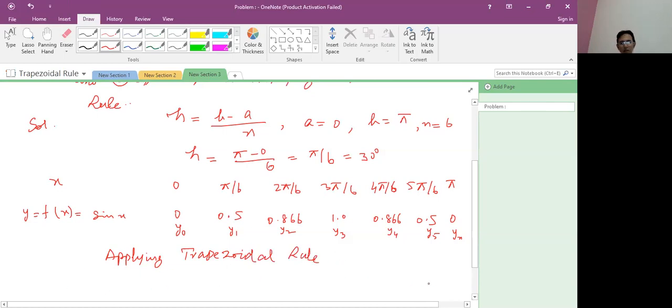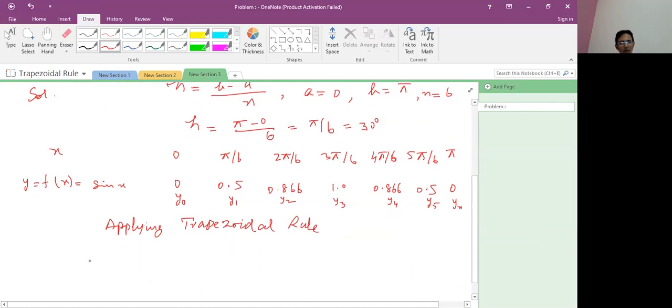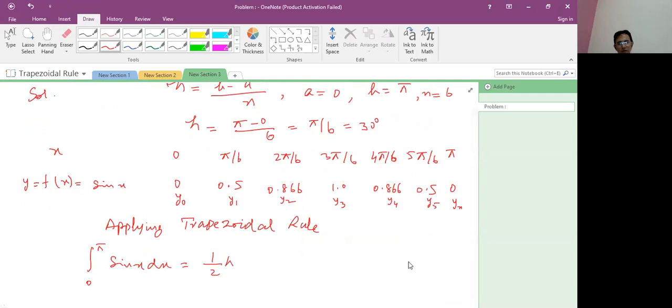now the trapezoidal rule is, if you know very well, the integral 0 to pi sine of x dx, which is equal to 1 upon 2h, y0 plus yn.